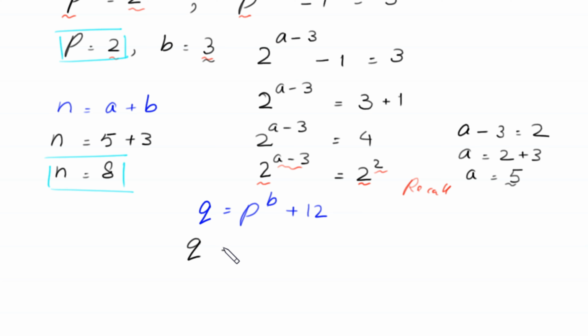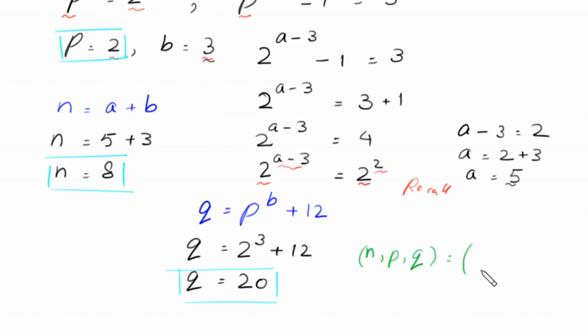So q is equal to, value of p is 2 to the power value of b is 3 plus 12, and q is equal to 2 cubed is 8 and 8 plus 12 is 20. So the value of q is 20. From here we get the first pair of solutions, n comma p comma q is equal to 8 comma 2 comma 20.